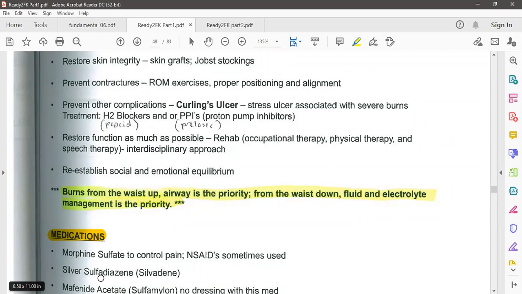And we can also give mafenide acetate. It is an antimicrobial and it can cause metabolic acidosis. And sometimes we use an antibacterial ointment, bacitracin. It prevents secondary infection.